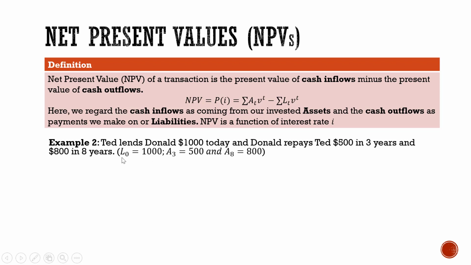L is the liability, and 0 means the money is made at time 0. $500 is the cash inflow at time 3, so we have A_3 is 500. And $800 is the cash inflow at time 8. So we have A_8 is 800.